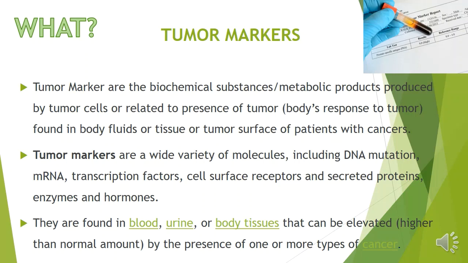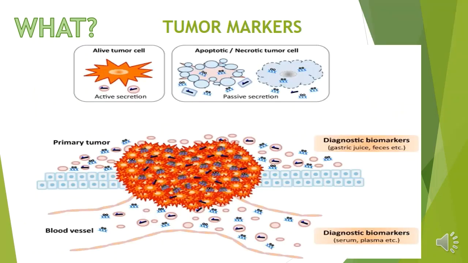So please understand this: the presence of a tumor marker may be in the blood, in the urine or in a tissue. A live tumor cell is secreting markers, or there may be apoptotic or necrotic tumor cells where there may be a passive secretion of these markers.